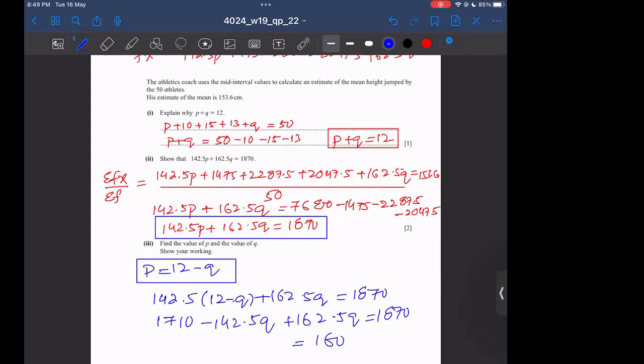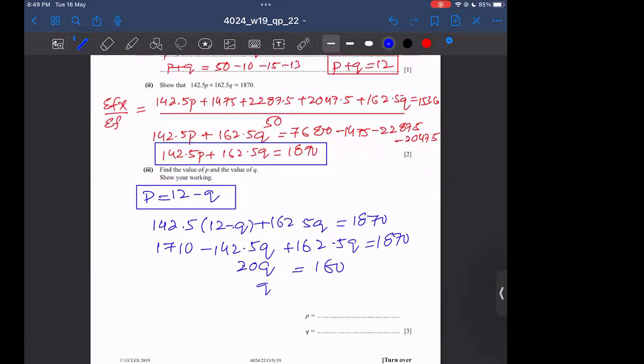On the right hand side, it becomes 160. Now 162.5 minus 142.5, it is going to be 20 Q. So you'll get the value of Q, that is 8 here. Once you got the value of Q, you're going to put it over here. 12 minus 8 is 4. The value of P is 4. The value of Q is 8 here.